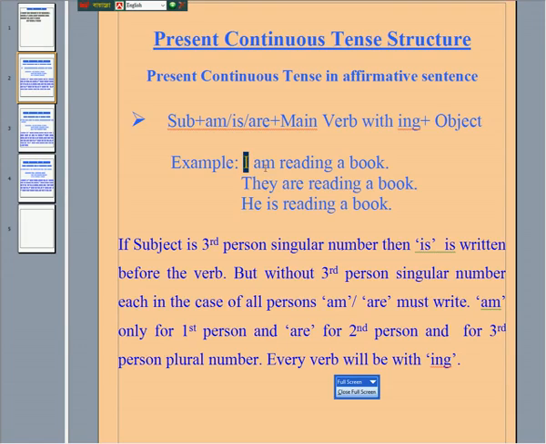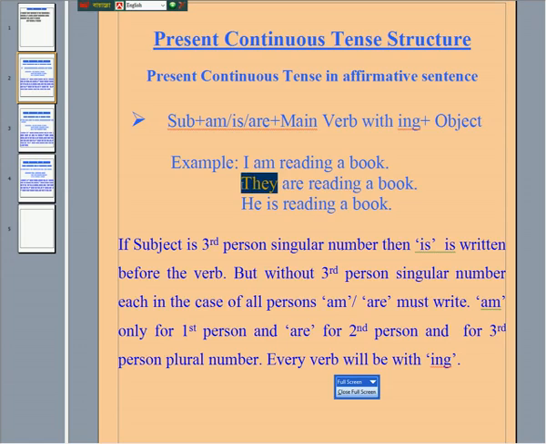Here I is the subject, am is the auxiliary verb, reading is the main verb with ing, and a book is the object. Next sentence: they are reading a book.